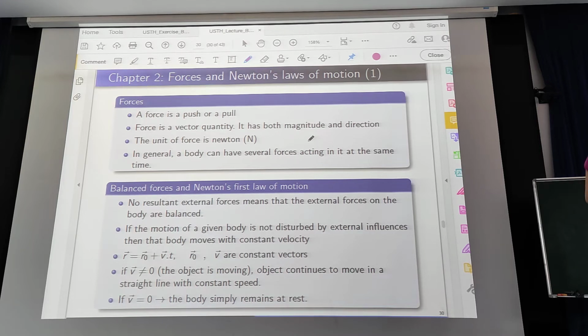So the resultant external force, external meaning the force from outside of my body, is the vector sum of all the forces acting on my body.